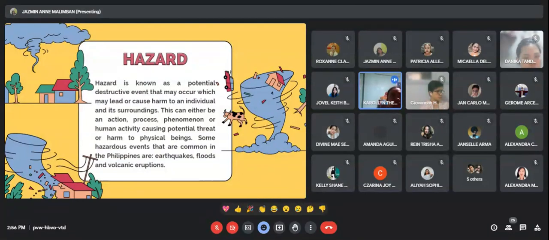So, examples po ng hazard, based nga rin po sa ating let's say the geographical of the Philippines, yung mga landslide po, mga earthquakes, mga floods. One example po, sabihin na po natin, the physical, yung bahay po mismo ng isang family or yung isang community po is malapit po sila sa bangin.